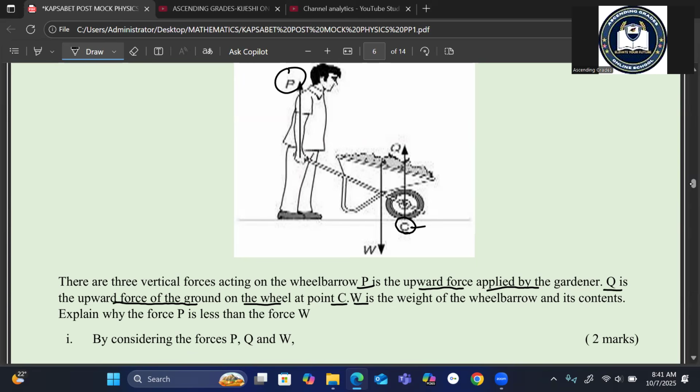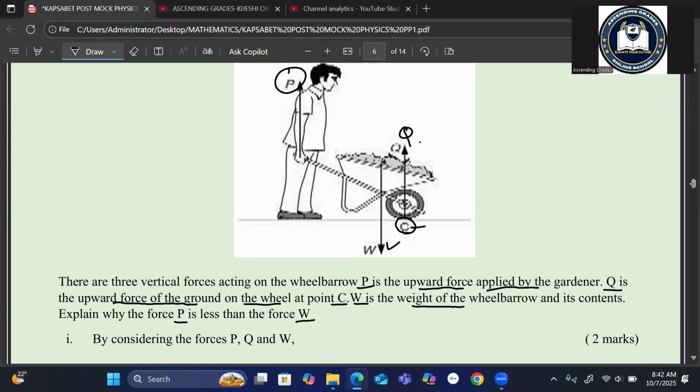We have W, the weight of the wheelbarrow and its contents. Explain why the force P is less than the force W. So you can see we are having our Q here. This is our W acting at the center.